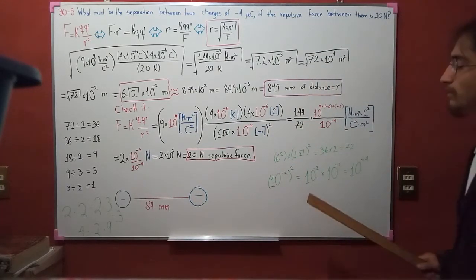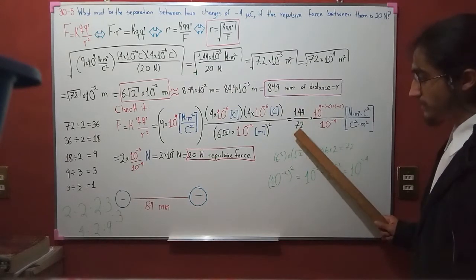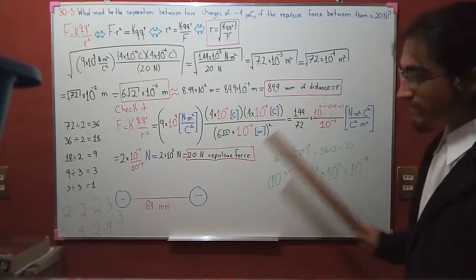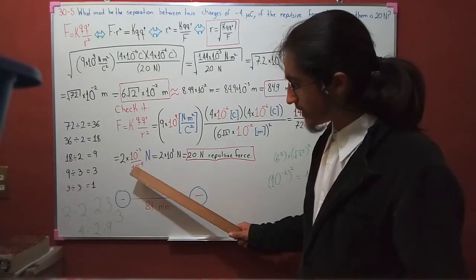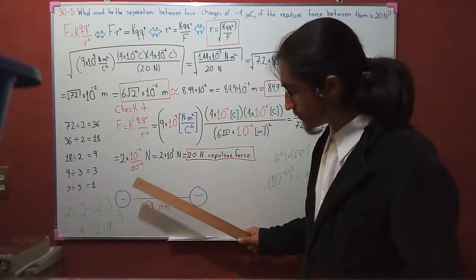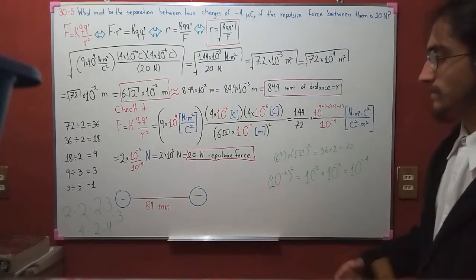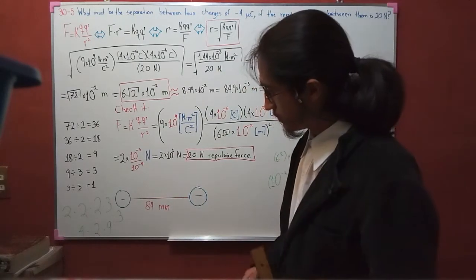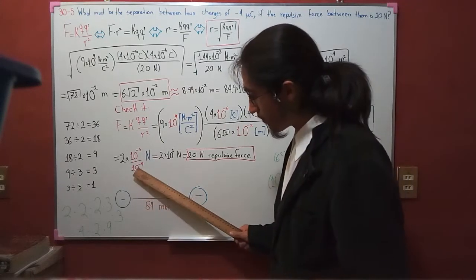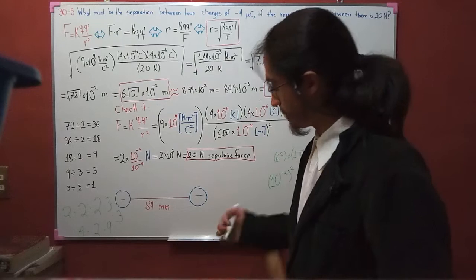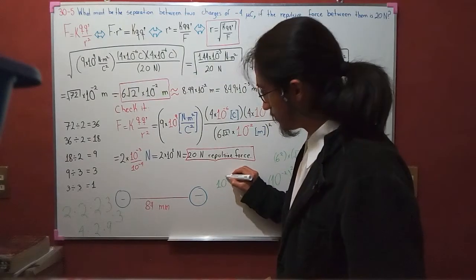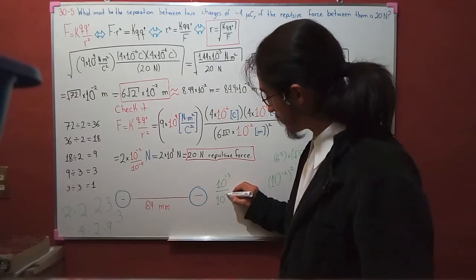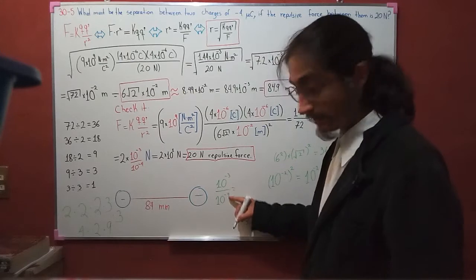Now, 144 divided by 72 is 2. 10 raised to the power of negative 3 divided by 10 raised to the power of negative 4 is the next. We have to raise negative 4 to negative 3. So, 10 raised to the power of negative 3 divided by 10 raised to the power of negative 4 is equal to 10.